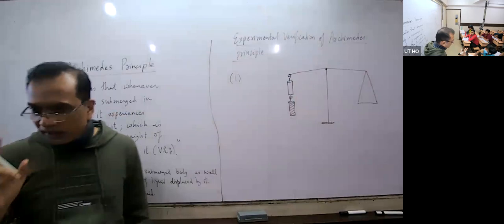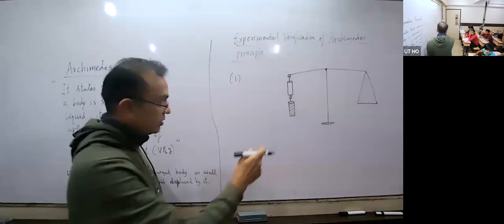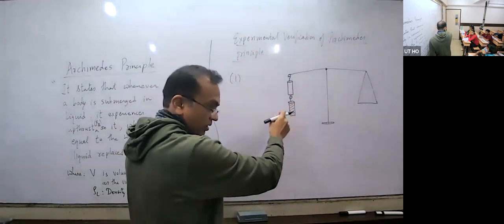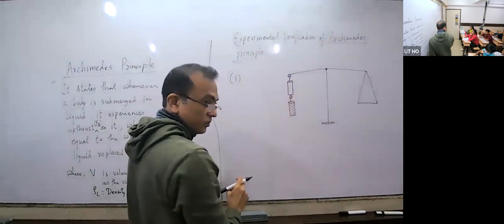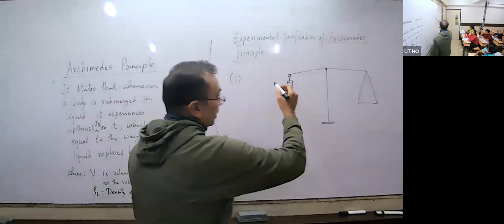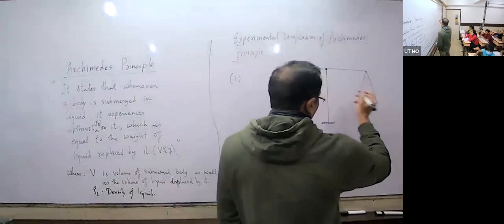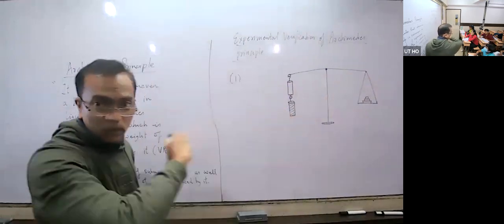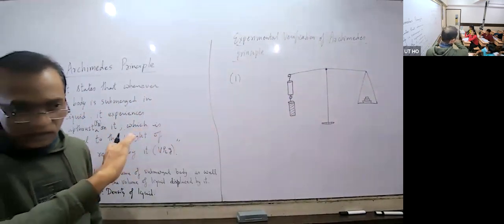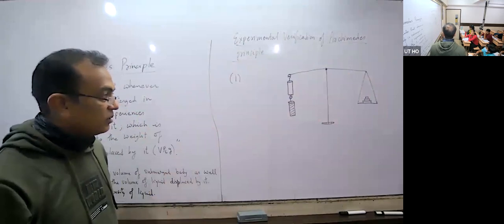And on the other side we are keeping some slotted weights to balance it. So this is an equilibrium. Left side is equal to right side weight wise. The masses are equal.